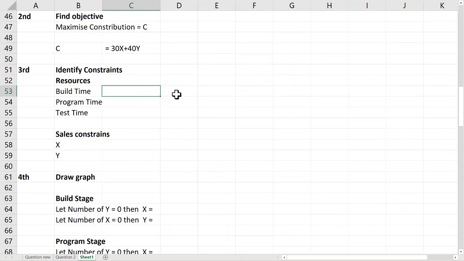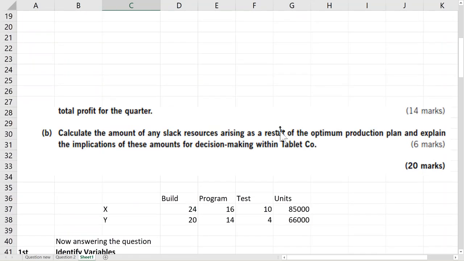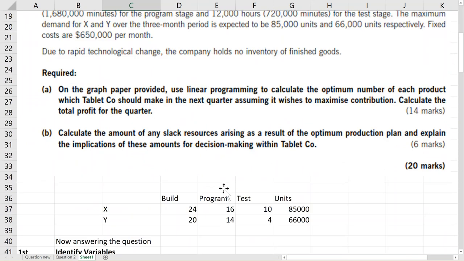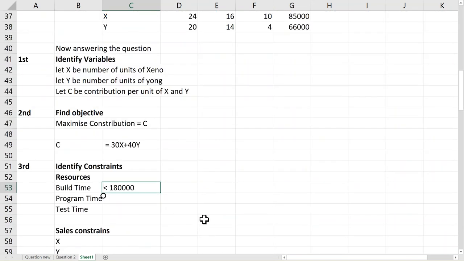So build time is a limiting factor, so it can be equal to or less than 1.8 million, and you have to show it in an equation. 24 for x and 20y. So 24x plus 20y can be equal to or less than 1.8 million minutes. Do the same for others as well.